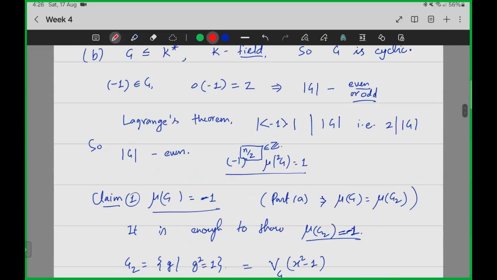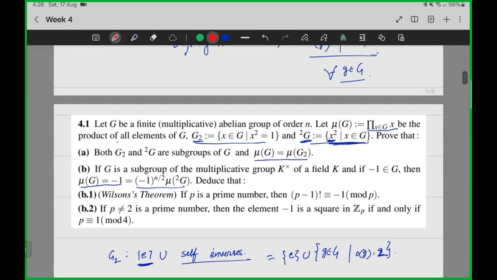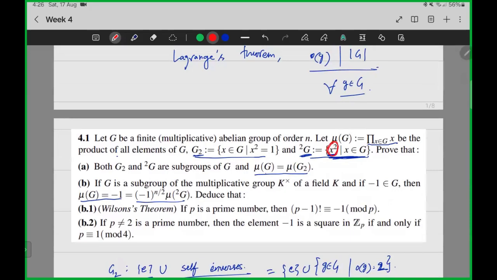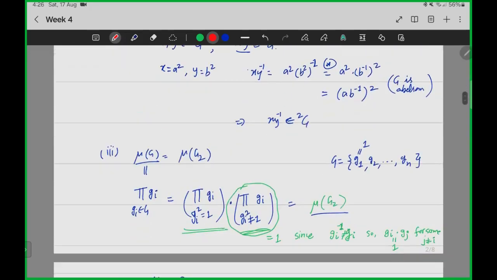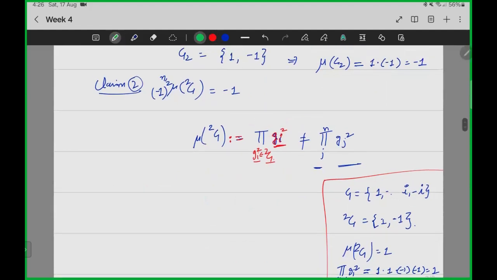Because G2 has this description: G2 is the collection of squares, x square, x belongs to G. But if we are taking g_i from 2G, then why do we have to square it?